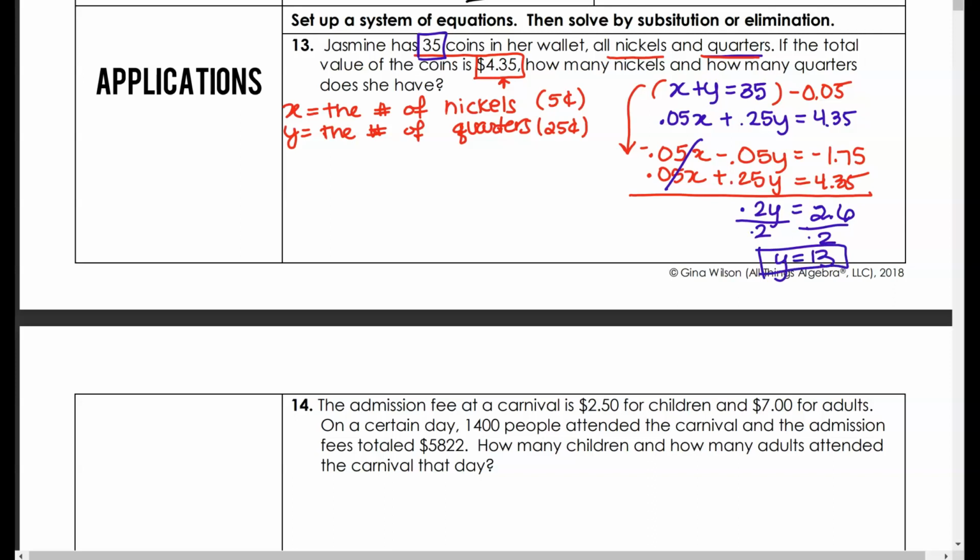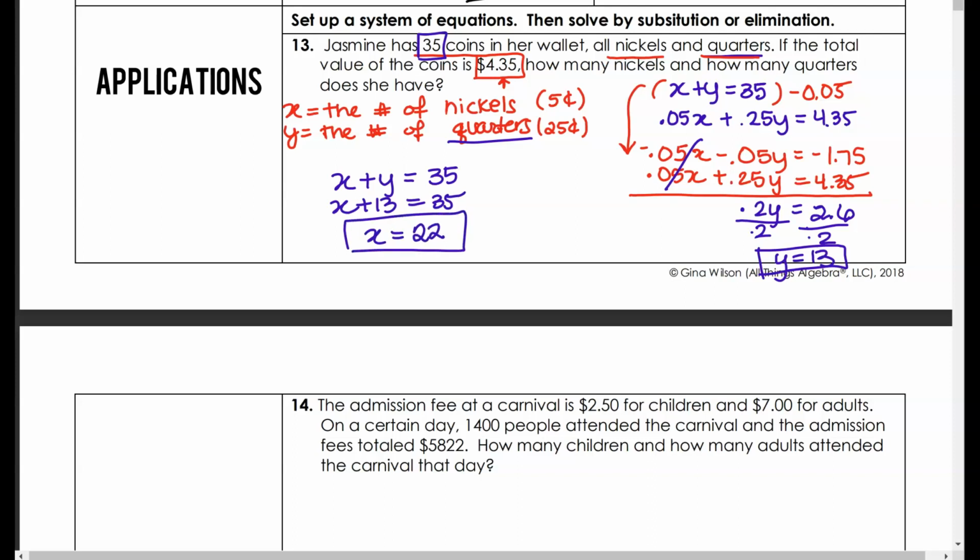So now we're not done, because remember, Y is the number of quarters. But I know that X plus Y equals 35. So X plus 13 will equal 35. If I subtract 13 from both sides, I get that X equals 22.